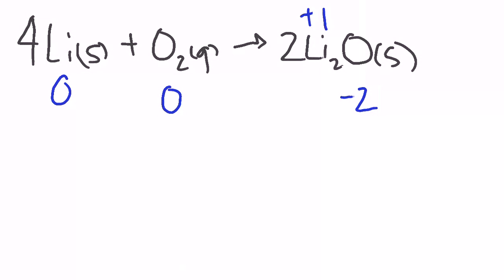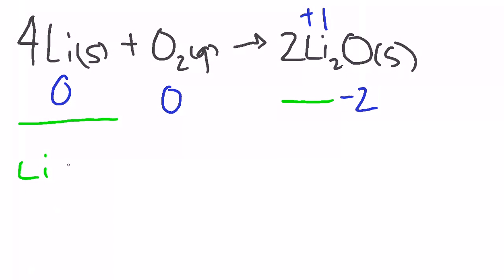So in the reactants, lithium has a 0 oxidation state. In the products, lithium has a +1 oxidation state. So lithium lost electrons. It became more positive.